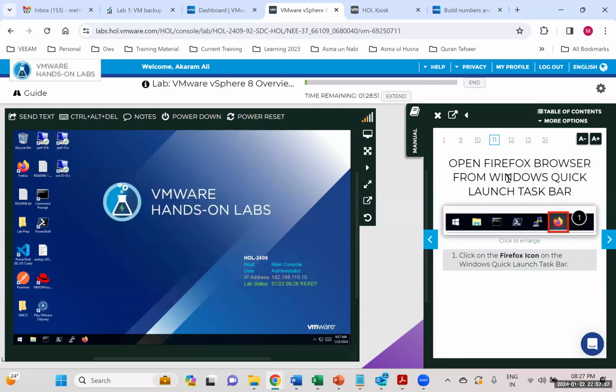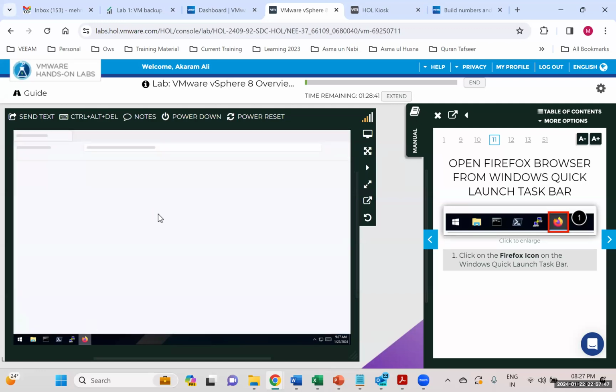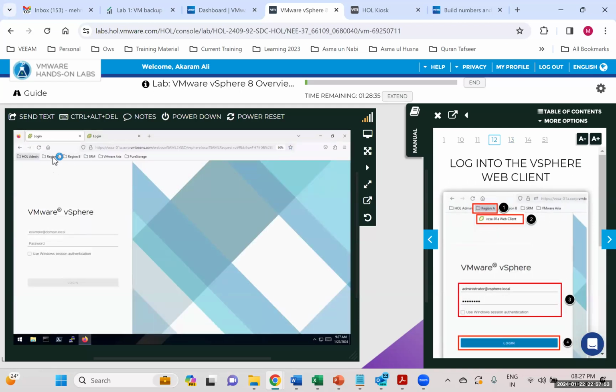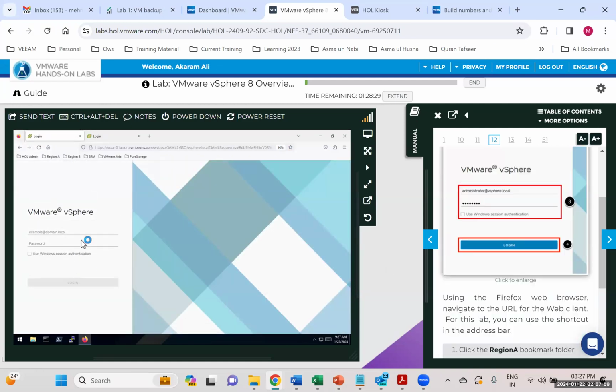Okay, start with page number 11, okay? It tells you click on the Firefox icon, right? So just click on it here. Then we go to page number 12. Then it tells you on the top you have region A. Then you need to log into this. Then it talks about logging in.